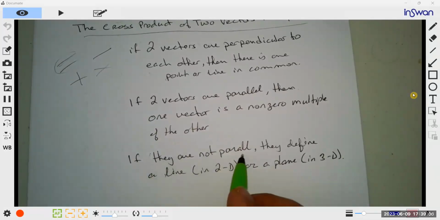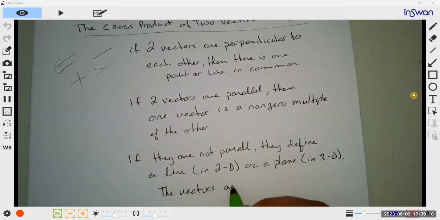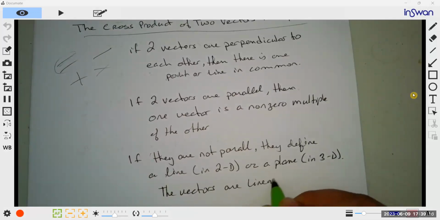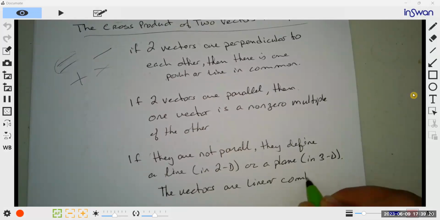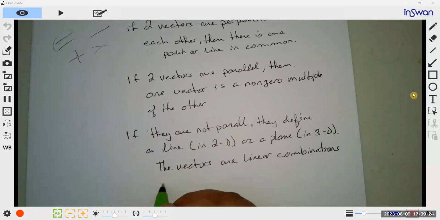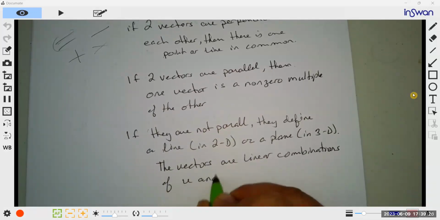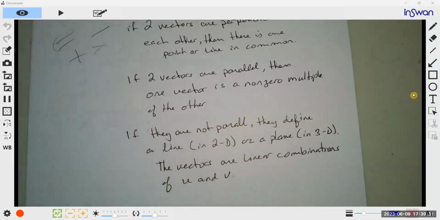Here, if they're not parallel, the vectors u and v are linear combinations of each other.